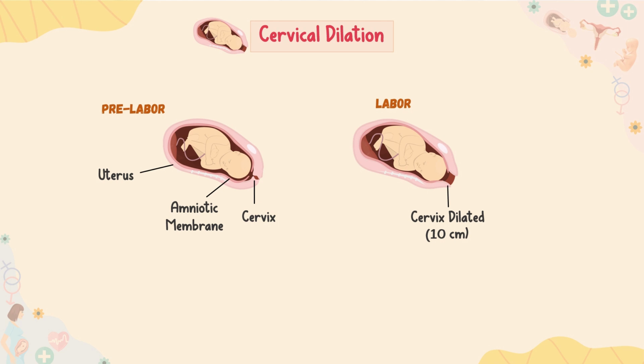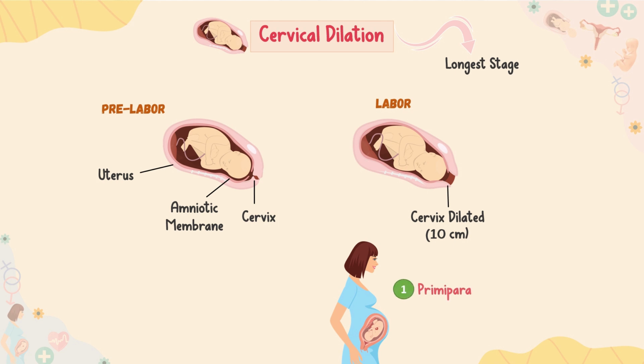It is the longest of the stages of labor, but duration varies widely, from minutes and hours to even days, depending on whether the mother has given birth before or not.